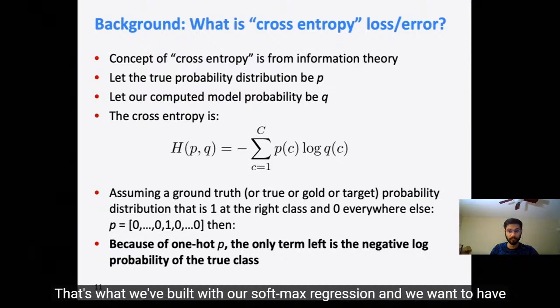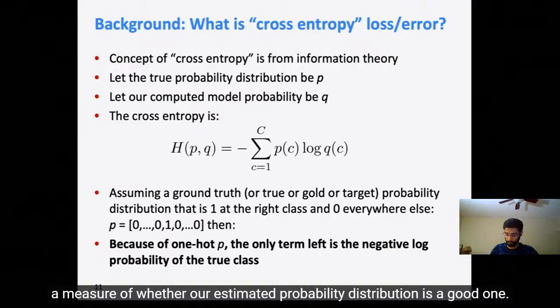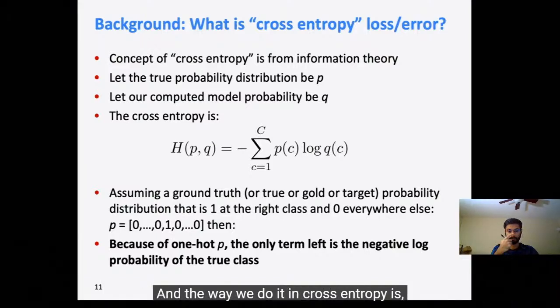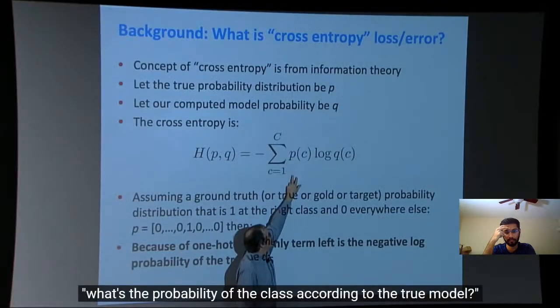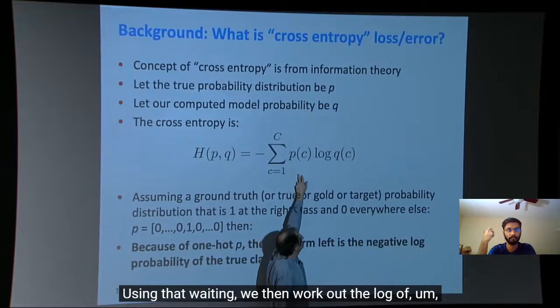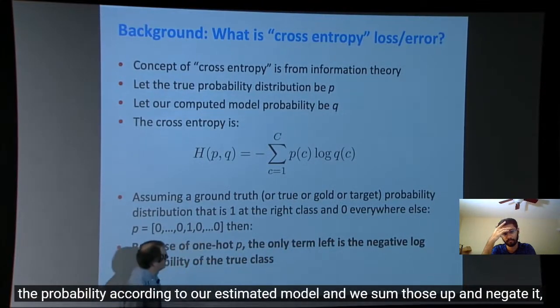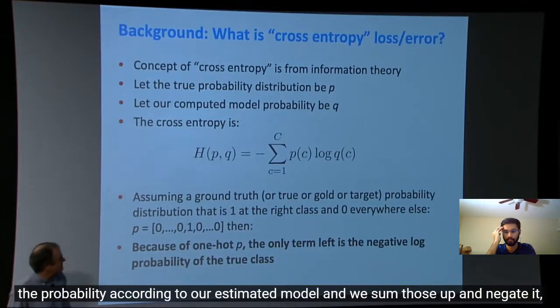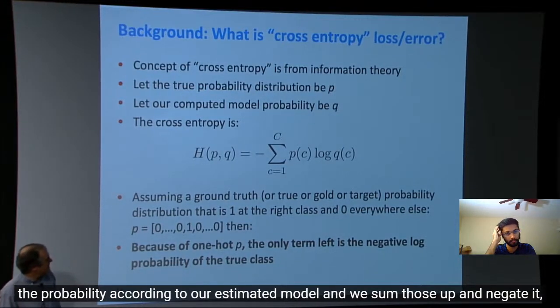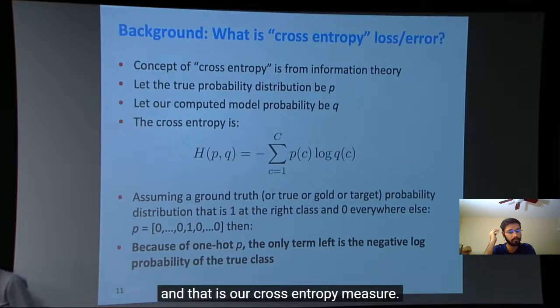We want a measure of whether our estimated distribution is a good one. The way we do it in cross-entropy is we go through the classes and ask, what's the probability of the class according to the true model? Using that weighting, we then work out the log of the probability according to our estimated model, and we sum those up and negate it, and that is our cross-entropy measure.